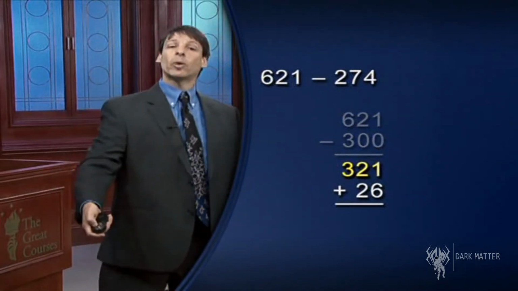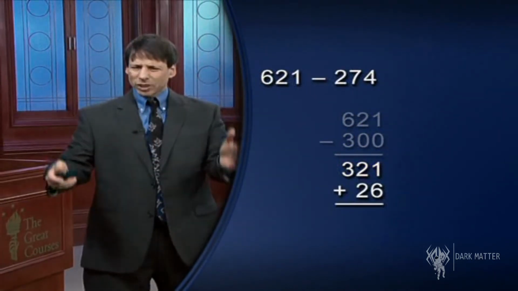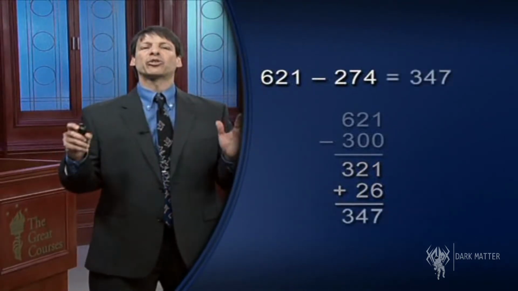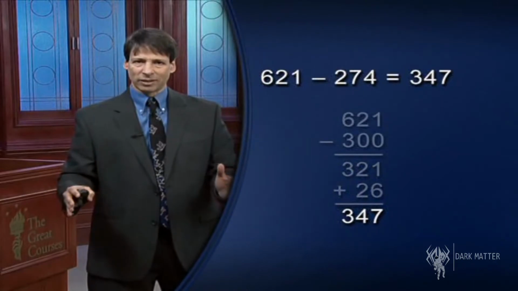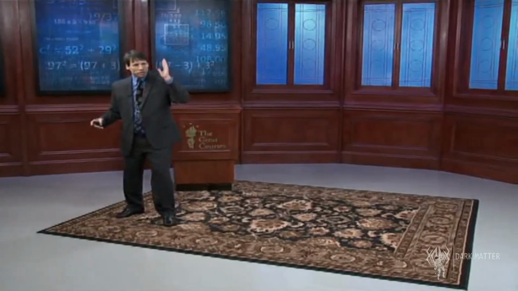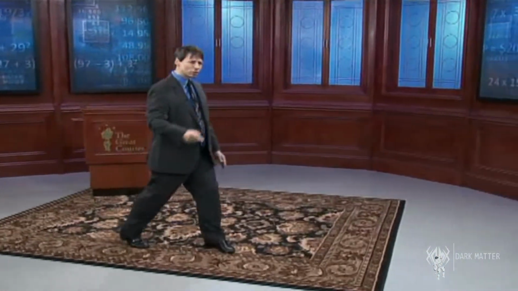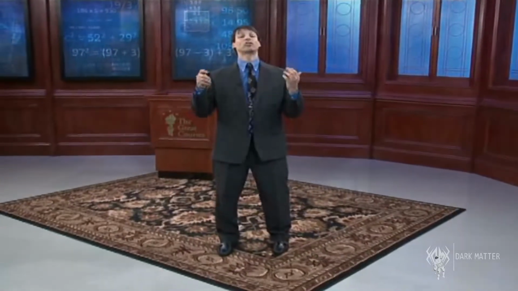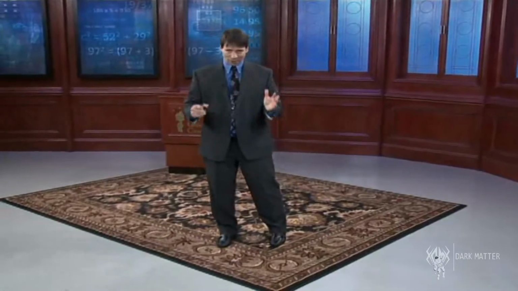When you add back 26, you get 321 plus 26, from left to right, is 347. I personally think that it's easier to do this problem mentally using complements than by the pencil and paper method. We are turning a hard subtraction problem into an easy addition problem.